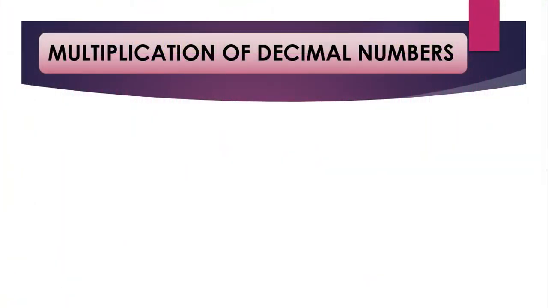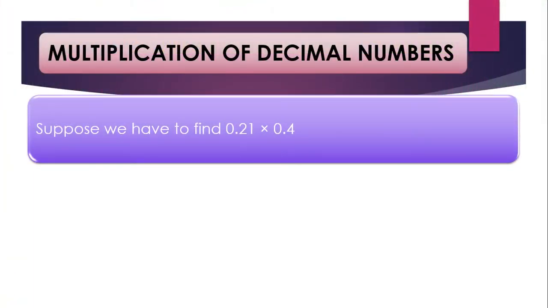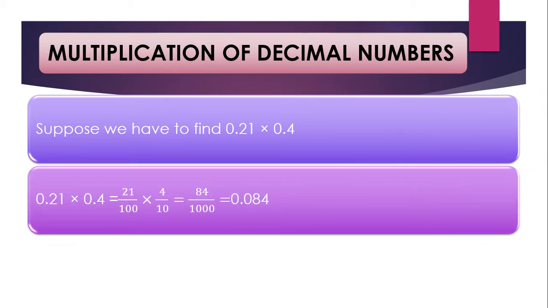Multiplication of decimal numbers. We are going to discuss the multiplication of decimal numbers with the help of an example. Suppose that we have to find 0.21 into 0.4. How are we going to find it?